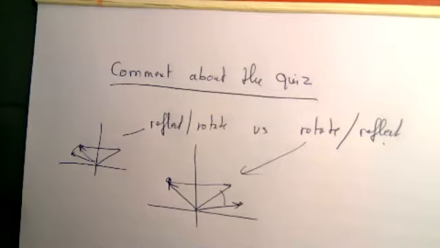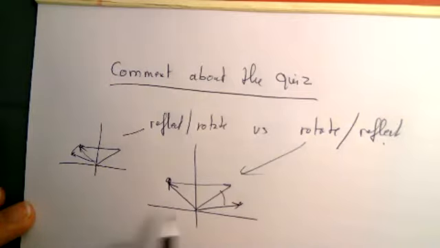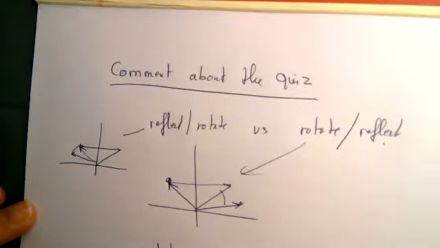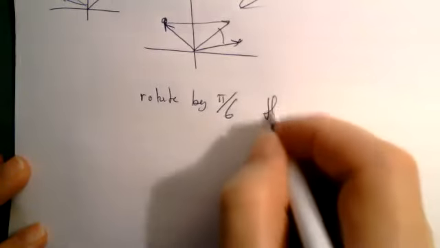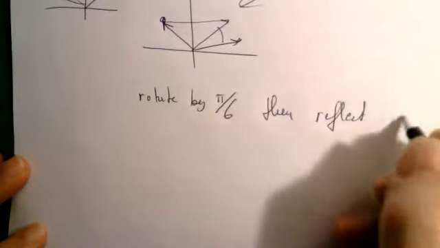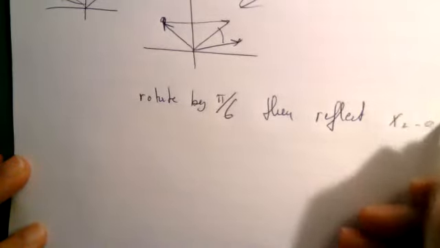So I'll go over the problem that was given on your quiz. If my memory is correct, I forgot to put the quiz in front of me, I asked you to give the transformation that first rotates by pi over 6, and then reflects across the x2 axis.